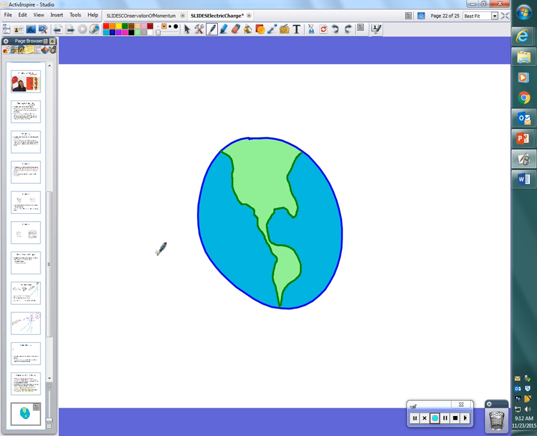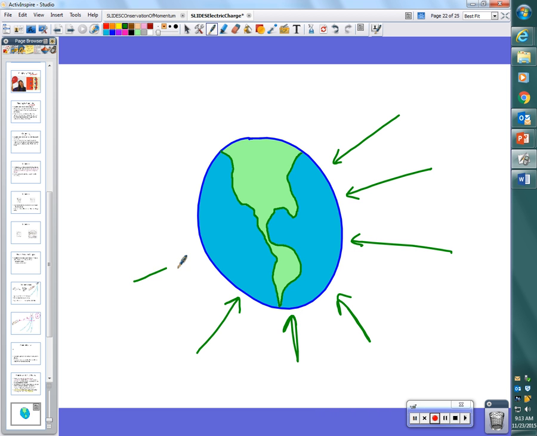Well, it's down for us, but it's towards the middle. So if we had to draw the gravitational field, we would draw arrows that look like this, because no matter where we are, objects get pulled towards the middle.